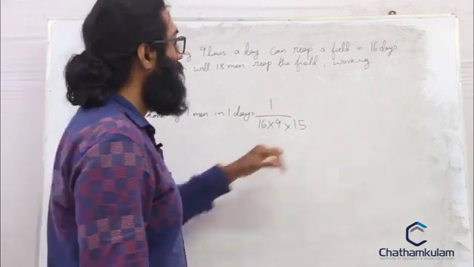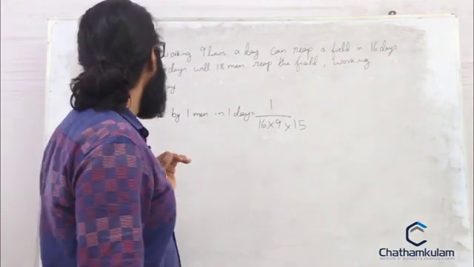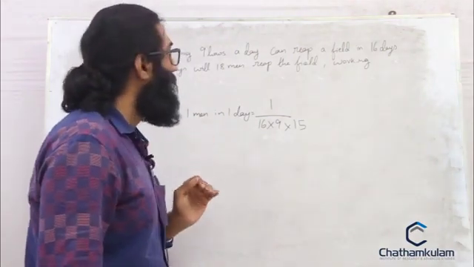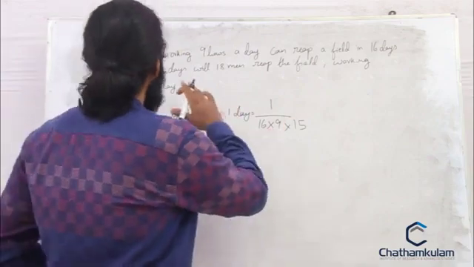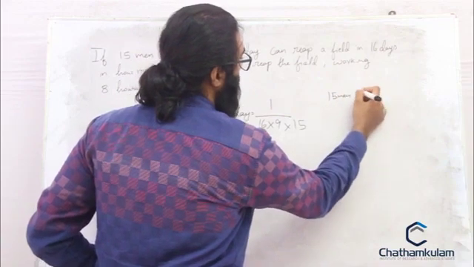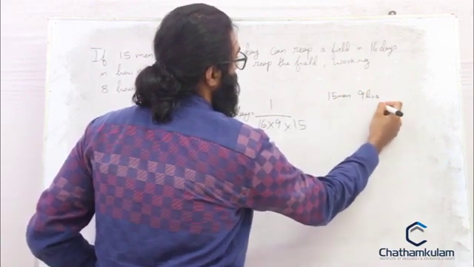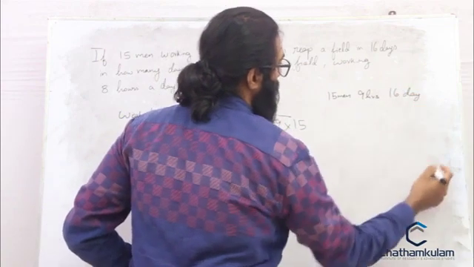In the question it's given that 15 men working 9 hours a day can reap a field in 16 days, right? So 15 men working 9 hours for 16 days, a complete work is done.